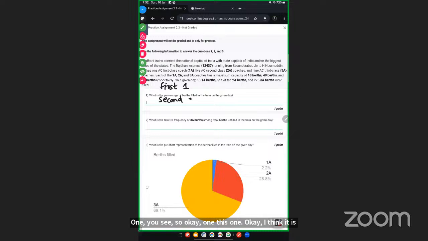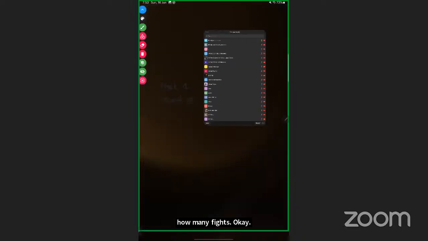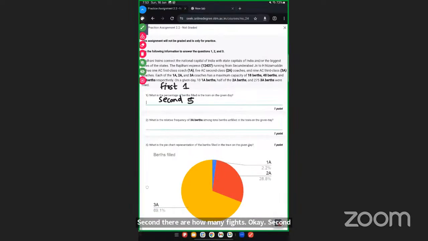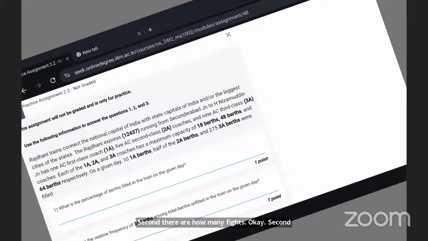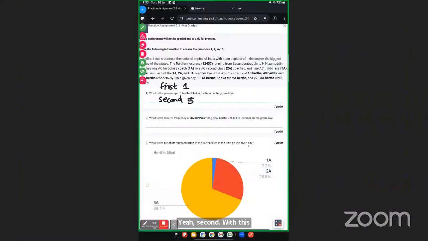Second, there are 5. Then third AC, which has 9 coaches.